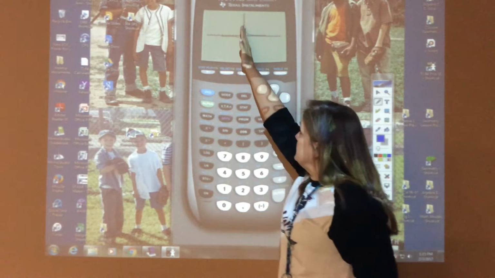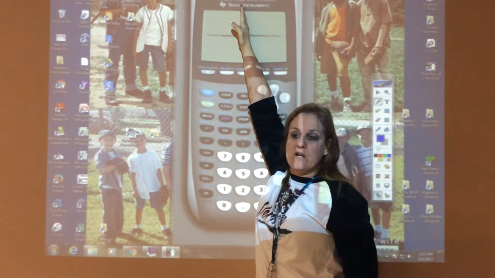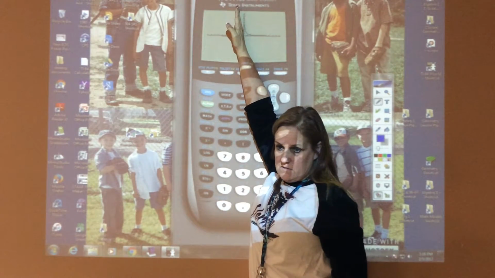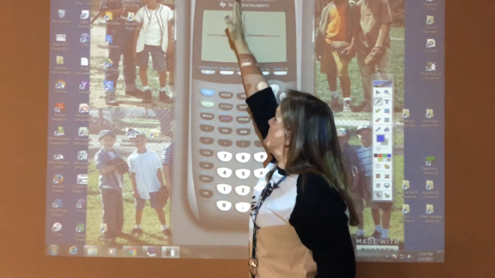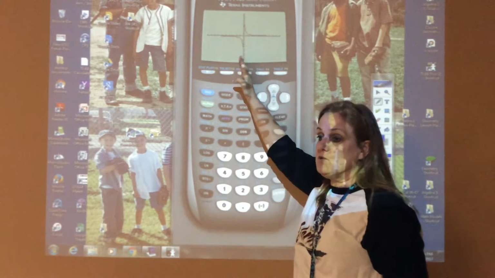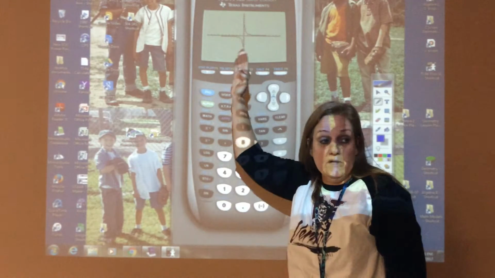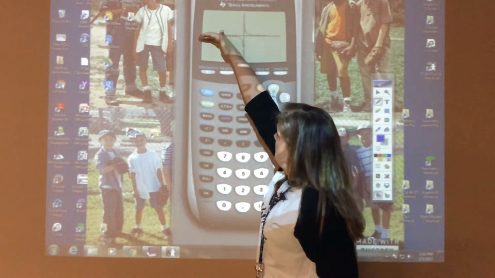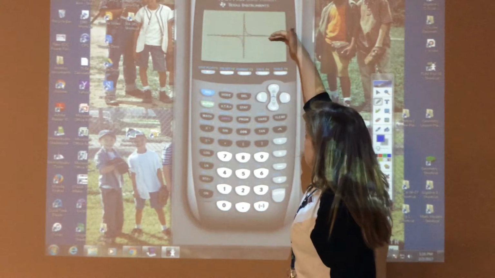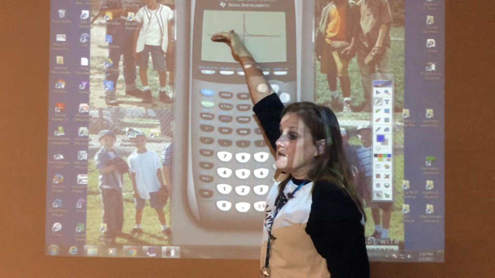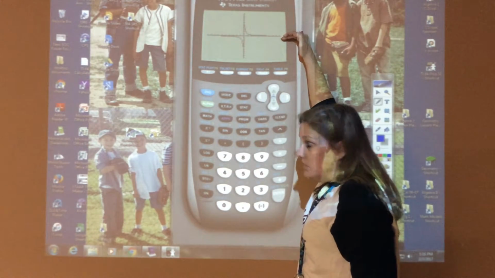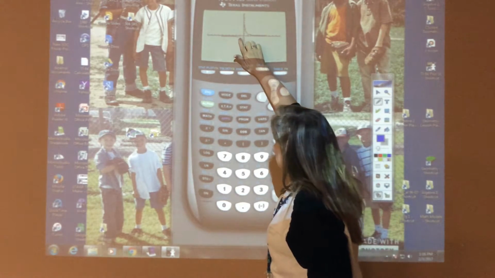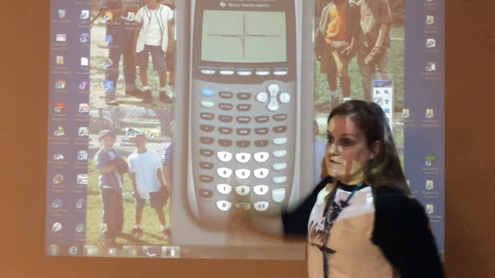This y-axis is called a vertical asymptote. It's a line drawn to where the graph gets really, really close to it, but it doesn't touch it. This axis here, the x-axis, is a horizontal asymptote. The graph gets really, really close to it, but it never touches it.